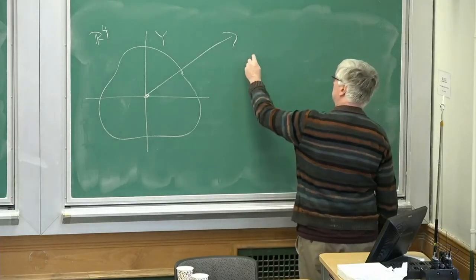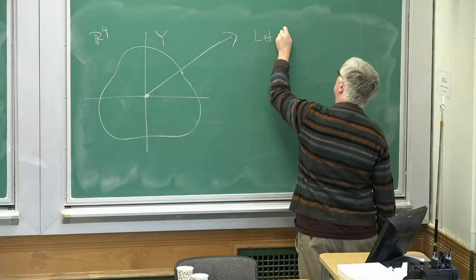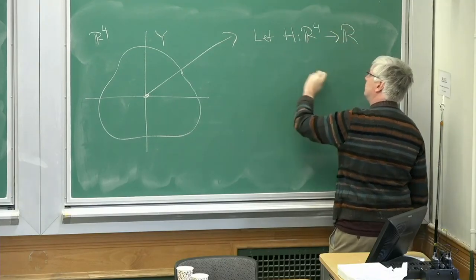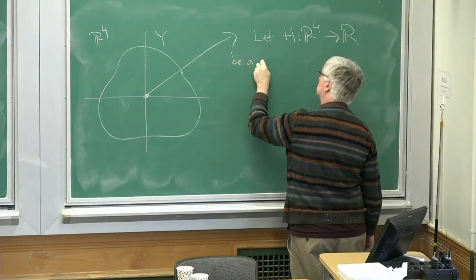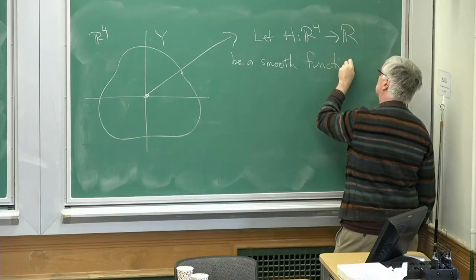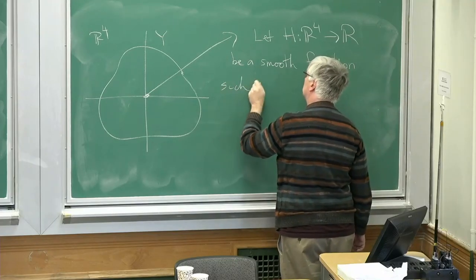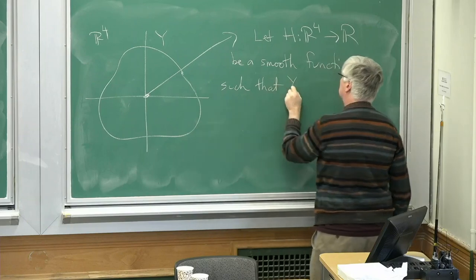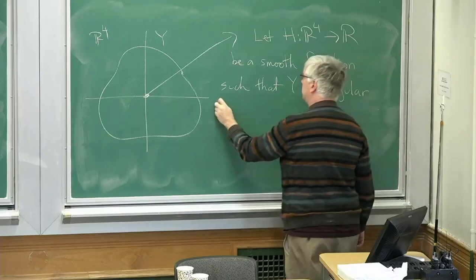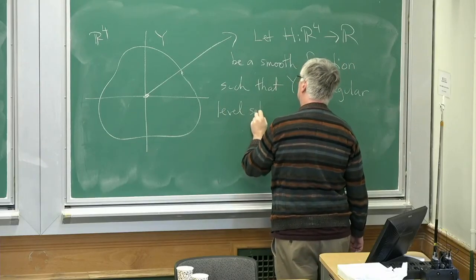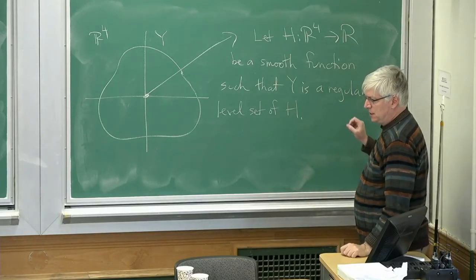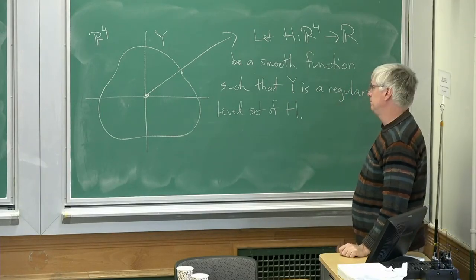Now, let H be a smooth function such that Y is a regular level set of H. So Y is a level set, and on Y the derivative of H is not equal to 0.